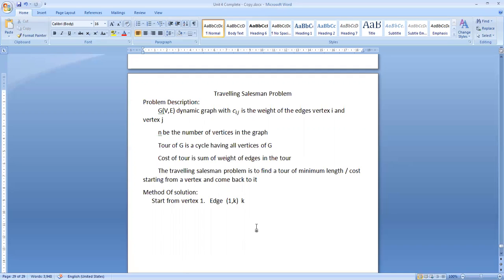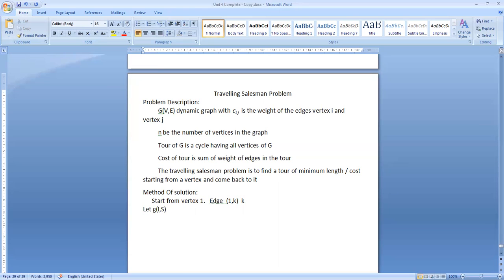Okay, let me give one expression. Let g of I comma S be a tour of shortest path from vertex 1.